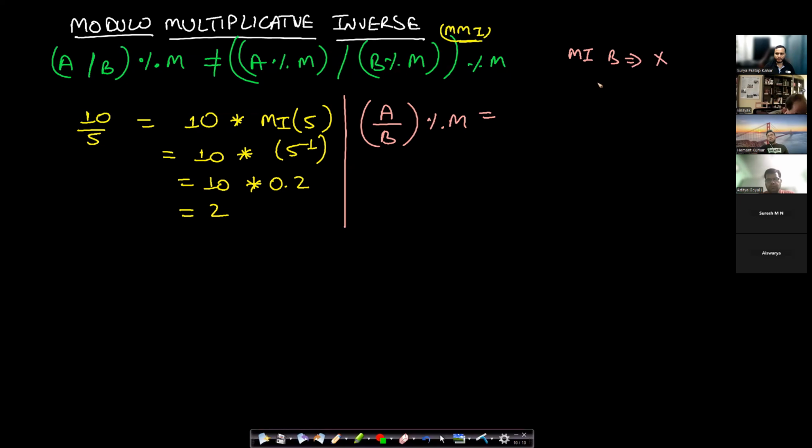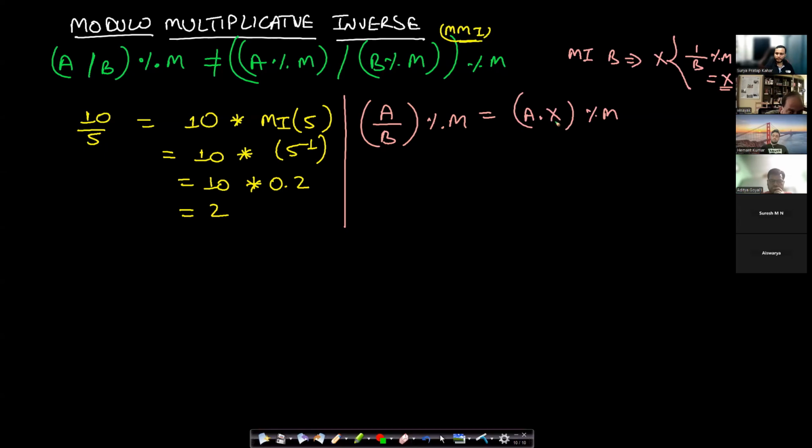What is the modulo inverse of b? It is 1 by b mod m, simply. Let's say 1 by b mod m equals x. Then I can write it as (a into x) mod m. If my assumption is this, then I can write like this.